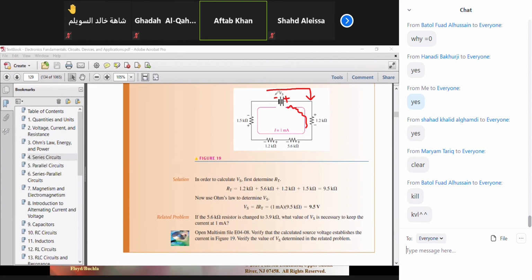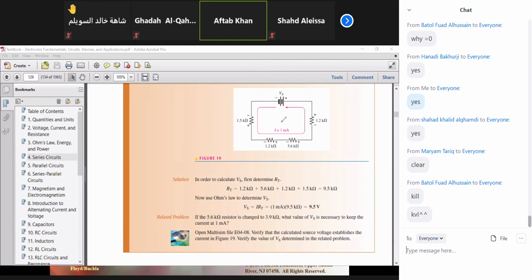Because the first sign is positive, it is going to be negative, and it is going to be positive here. The reason should be clear to you because this is source and this is consumer. So they are consuming the voltage basically. That's why their signs are different. Understand? So whatever is the direction of the current, whether they are using counterclockwise or you use clockwise, the answer is going to be the same.